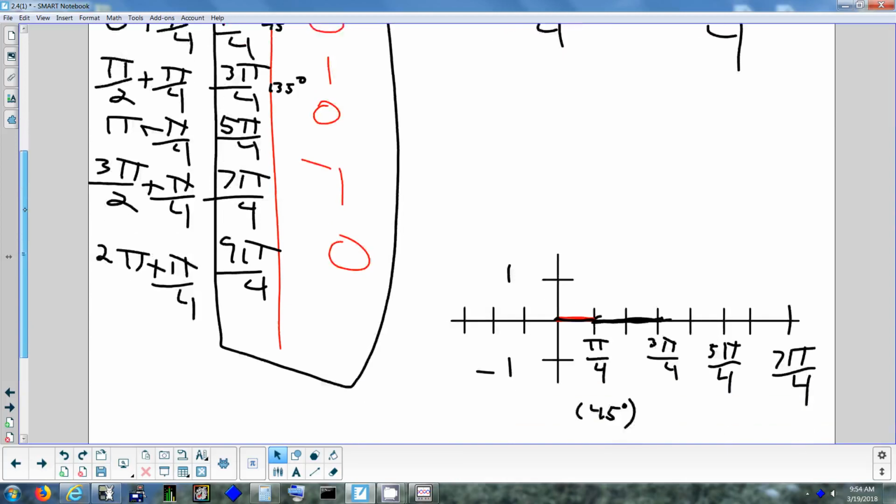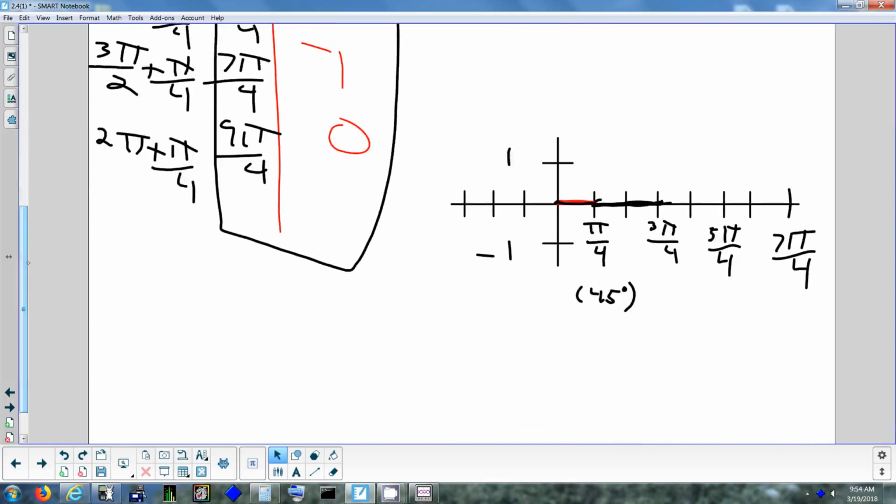And then your y values. 0, 1, 0, negative 1, 0. And I don't have enough room for 9 pi over 4, but I'll just try to squeeze it in. Should be over a little bit more, but I can't fit it.